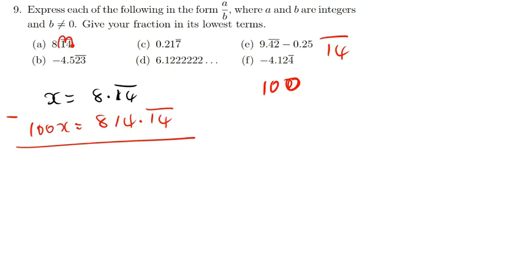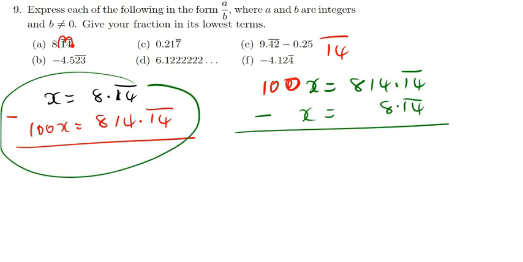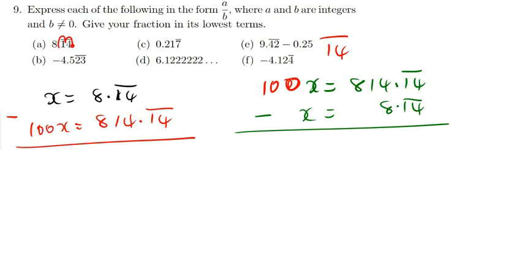So it will be 100x is equal to 814.14 bar. Then this is going to be x is equal to 8.14 bar. Now you do minus. If you want, you can do direct from here, it's okay. But to avoid confusion and mistakes, put the bigger number on top, the small number down.